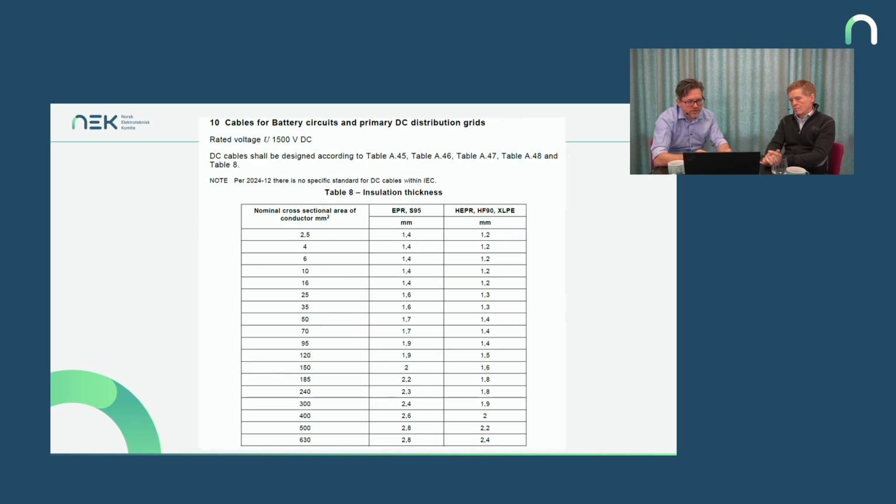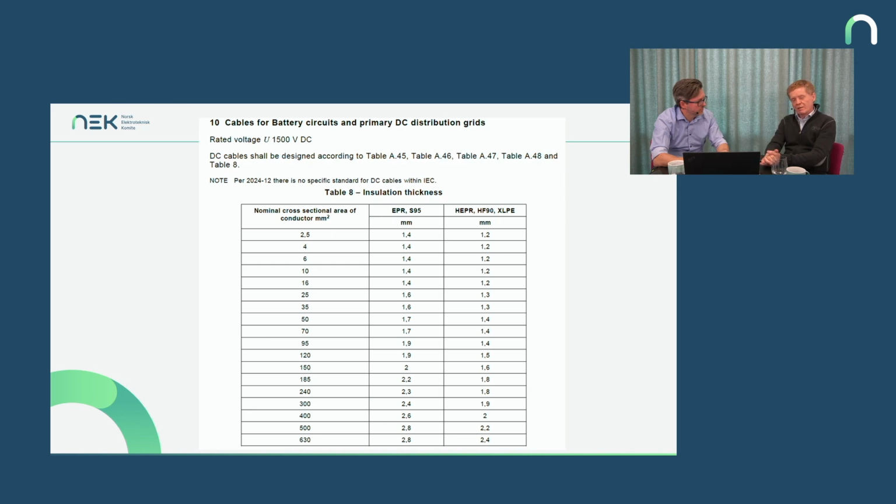But then we have a whole new clause in 606 compared to the previous edition. This is for cables for battery circuits and primary DC distribution grids, and this is a major change, I would say. Yeah, this is something we have had for many years now. We have been asked, what should we do with the DC distribution? Shall we use normal 60092-353 cables?